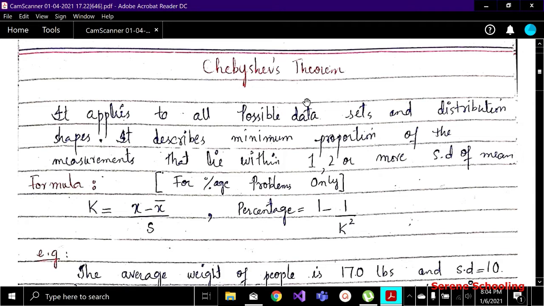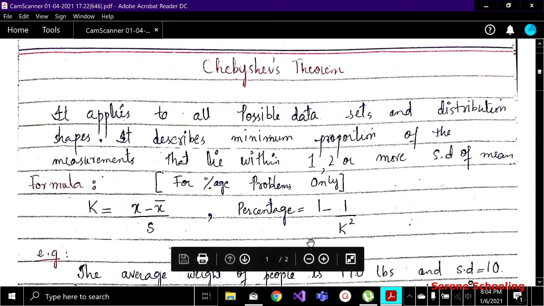So first, suppose we have to find the percentage of data, right? You are given the range and you have to find the percentage. So in that case our formula differs. These two things we have to remember. First we have to find k, and when we have k, then from this formula we can easily get our percentage.